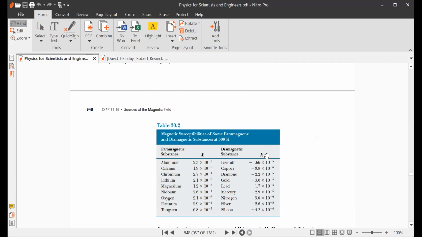And for negative susceptibility, we get a diamagnetic substance. Unlike the dielectric constant, which is always positive, in the magnetic case the diamagnetic susceptibility is negative.